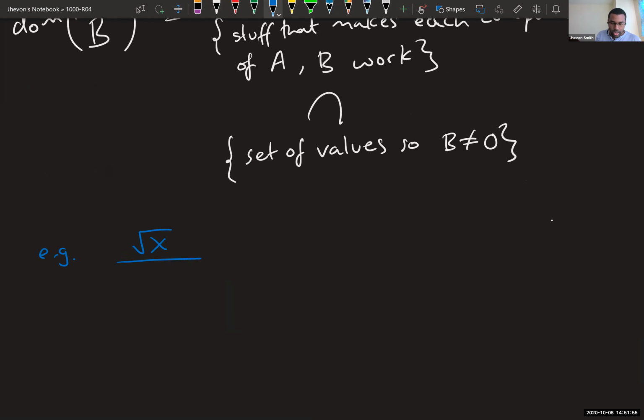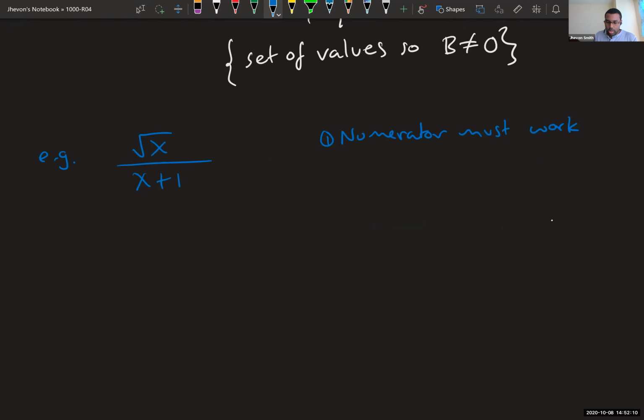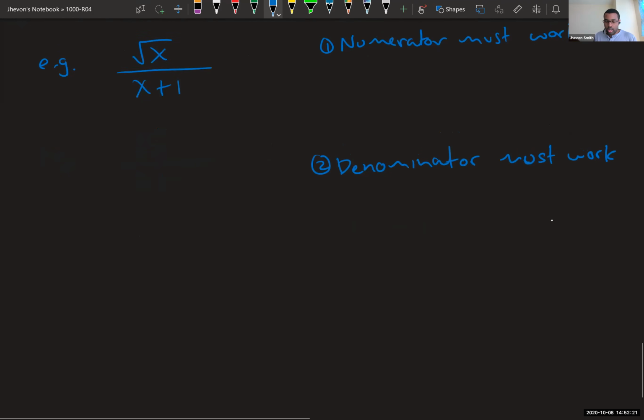Like if I have the square root of x over x plus 1, there are a couple things you need. One, the numerator needs to work. And two, the denominator needs to work. So the components must work individually. And then three, you just make sure that the denominator is not 0. In the first situation, for the numerator to work, you need x greater than or equal to 0.